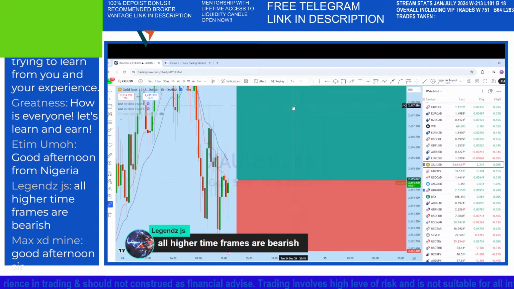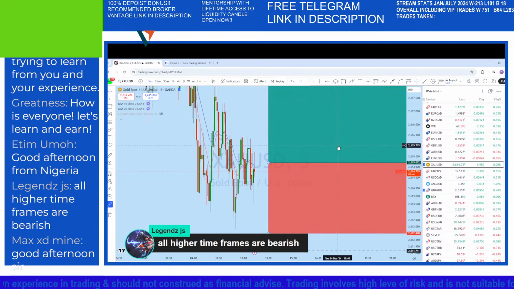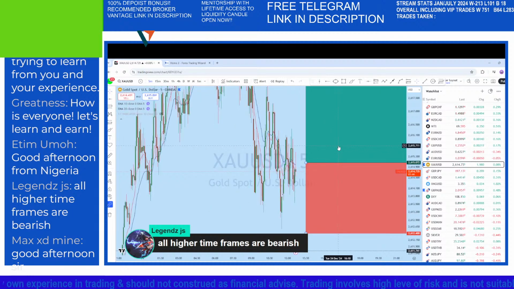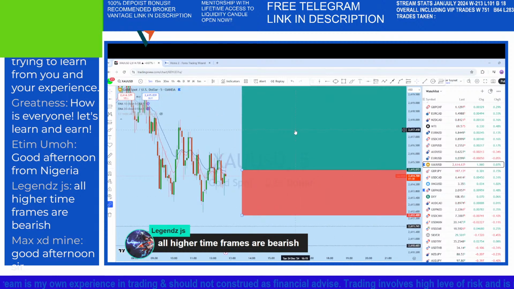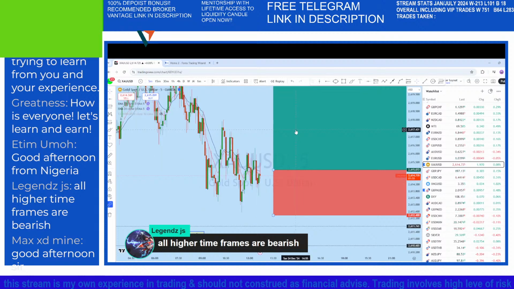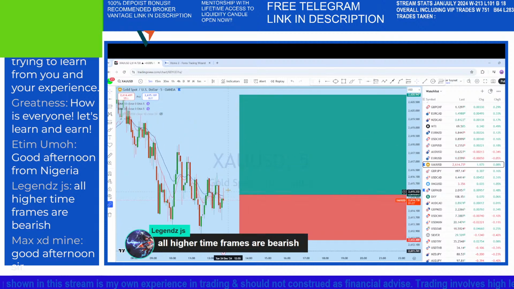Expecting it to bounce back up here. So we're standing here, you can see the market is moving in the direction.